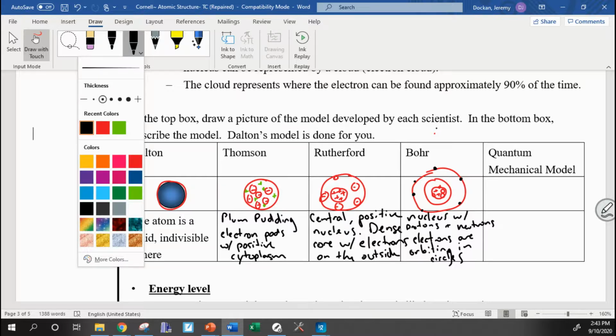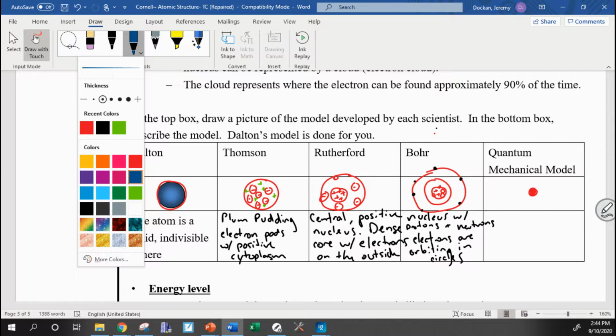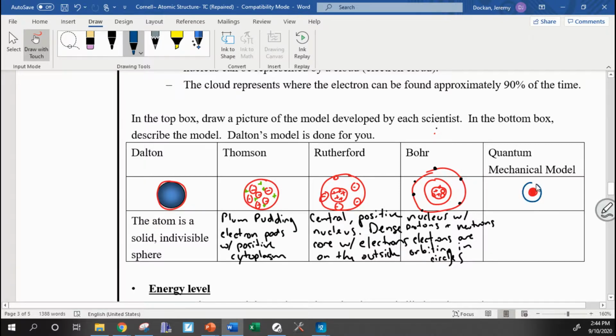And then last but not least, this is going to be our most up-to-date quantum mechanical model. We do have the nucleus in the center, but what we have are electron clouds. And as we grow, the clouds get bigger and bigger, and we'll learn about the shapes.